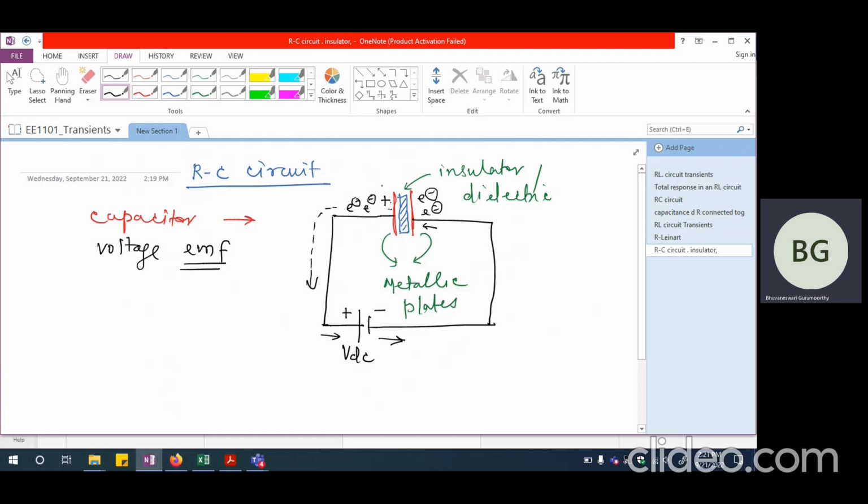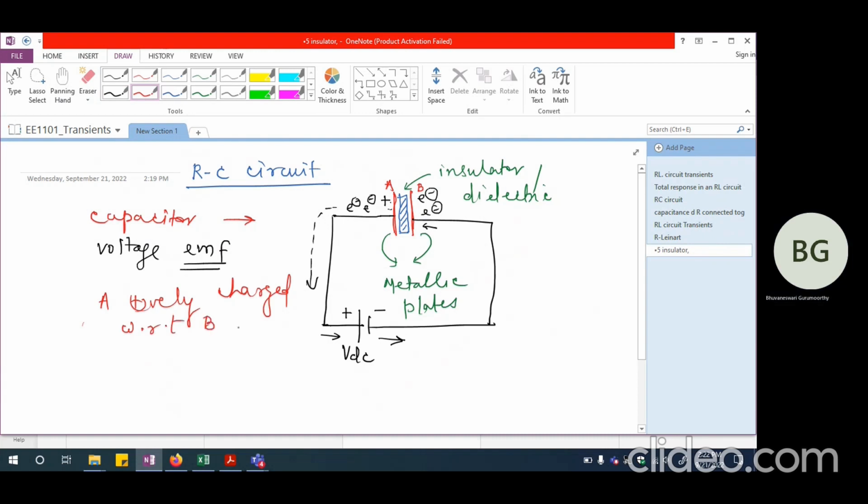So we can say that if I call this particular plate as plate A and this as plate B, plate A becomes positively charged with respect to plate B. So we will have a potential difference existing between these two.